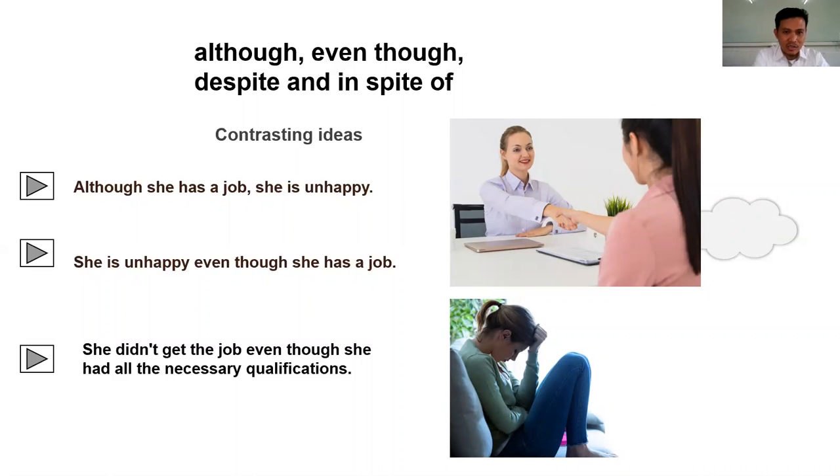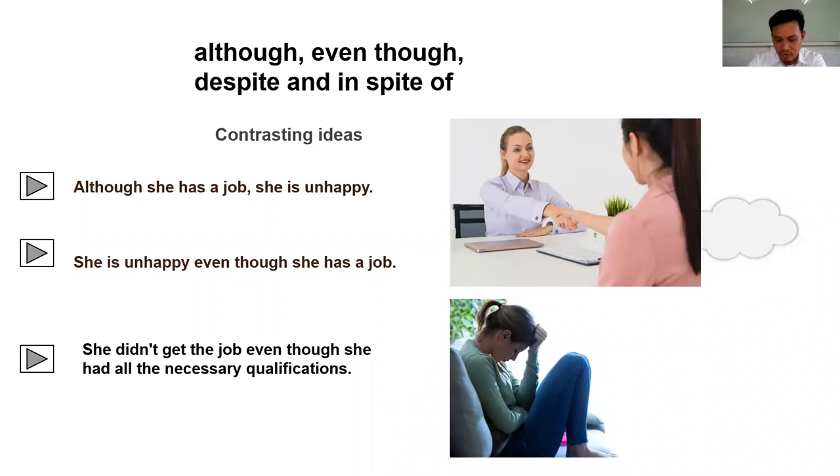The first clause has the first idea, and then the second clause has a different idea, and the two ideas are contrasting. Okay, right? If you have a problem or a question, feel free to ask. Yes, sir. Okay, this is "although" and "even though."